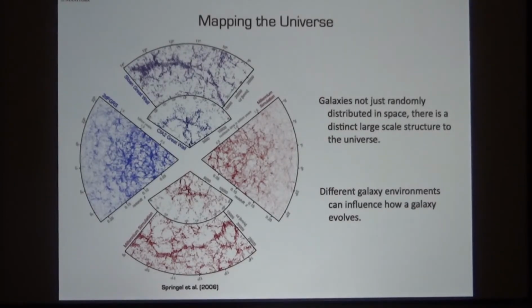If you're looking down, imagine you're looking down on top of a globe. And you take a thin slice around, say, the equator, and then the coordinates along the outside, the different points around the clock, as it were, are basically right ascension. So how far east or west something is.